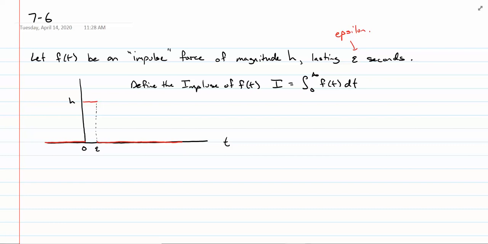If you think about it, the integral of a function is the area under the curve, and really there's only a little bit of area. It's this little rectangle here, and we could easily calculate that. The area of the rectangle would be height times width. In this case, it'd be h times epsilon.